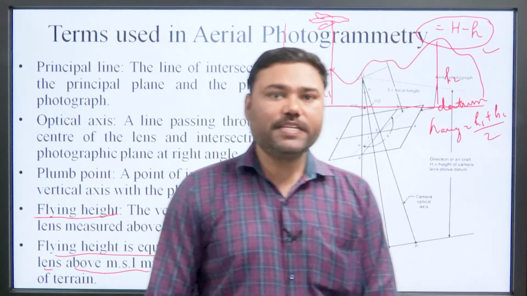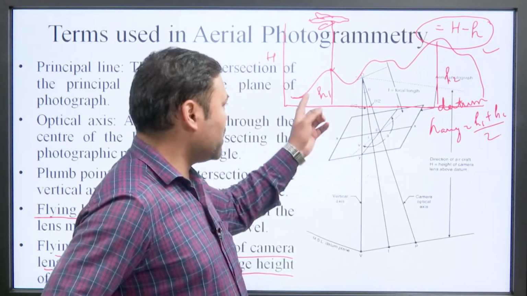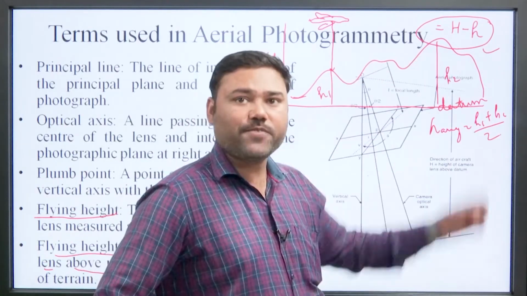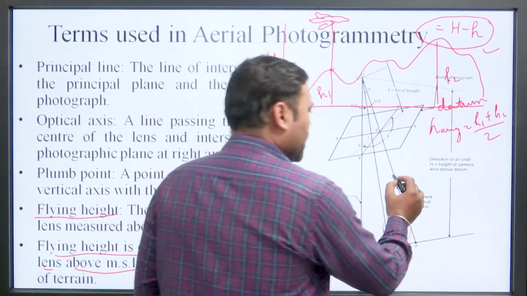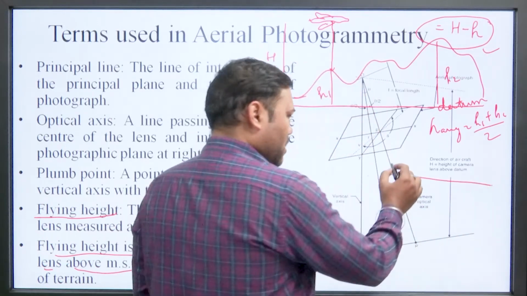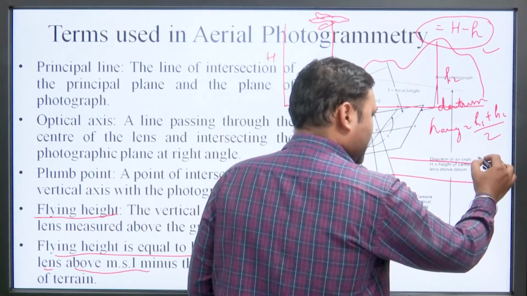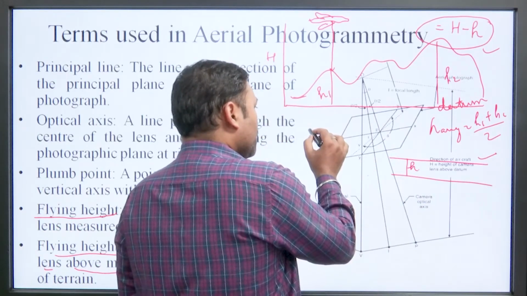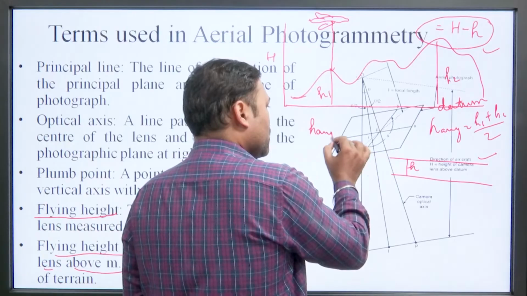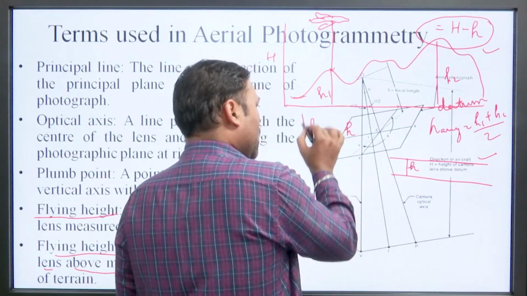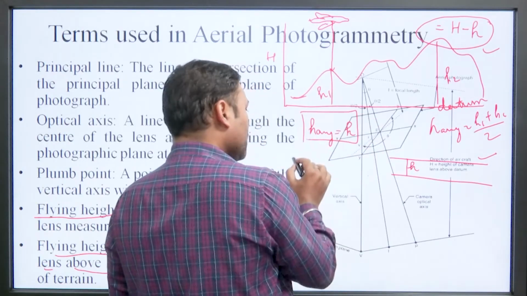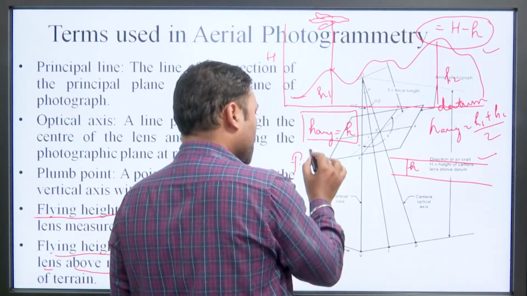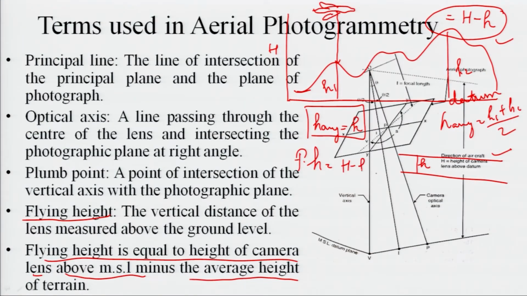Therefore, we consider an average height in the case of ground having different elevations. If the ground elevation is like this, then the average height is equal to the height. Then again flying height can be defined as H minus h in this case, and in this case H minus h average.